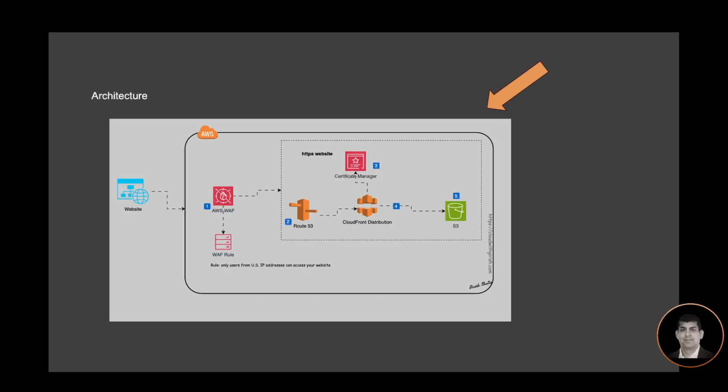For the use case, I want to make sure that it's only accessed from US, and all other users from all other countries should be denied access. So to accomplish this, I'm using another AWS service, which is AWS WAF, and I'll define a WAF rule which will allow only the users from US IP addresses to access the website.